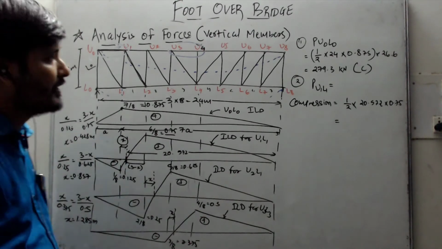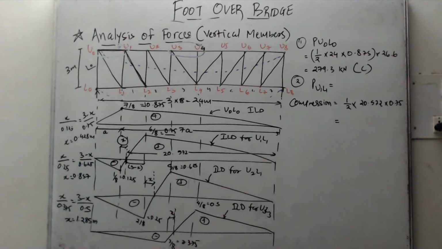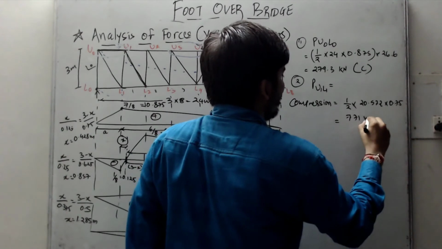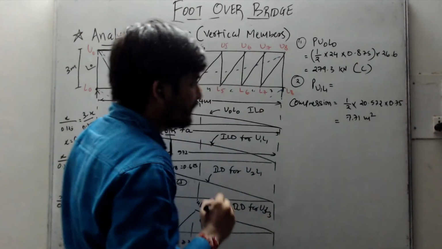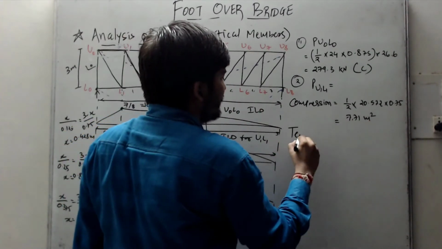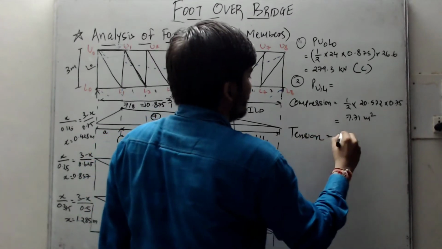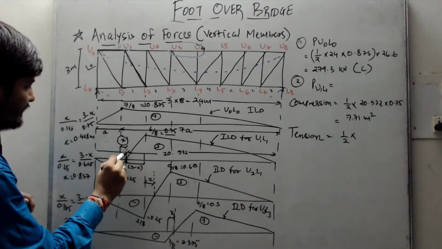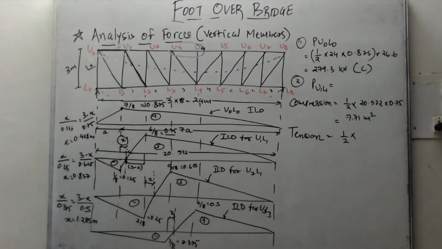So compression area, if I calculate, is 7.71 meter square. Then I have a tension area also. So 1/2 base into height. So I need to calculate this much distance. So it will be, I guess, 3.428.